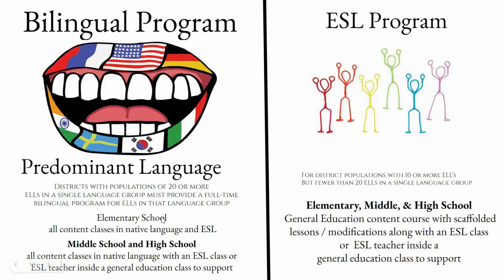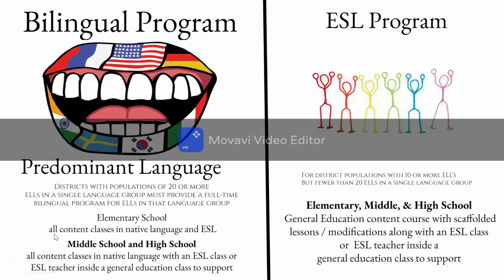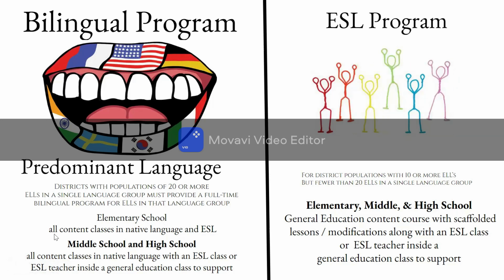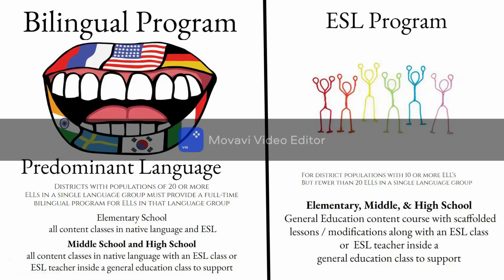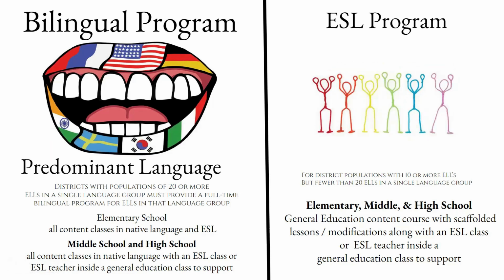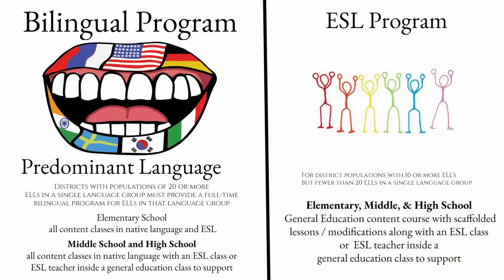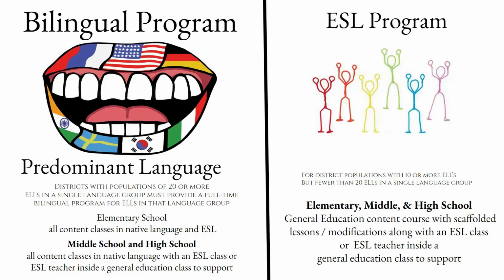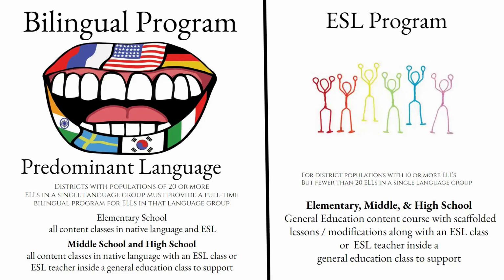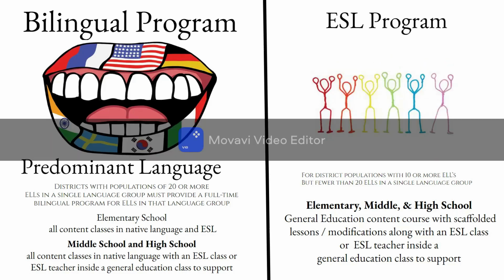At the elementary school level, the child is in one classroom with one teacher and hopefully an assistant, depending on the size of the class. The teacher teaches science, math, and social studies in Spanish, and then provides ESL completely in English. Same thing for middle school and high school. ESL courses are only taught in English.